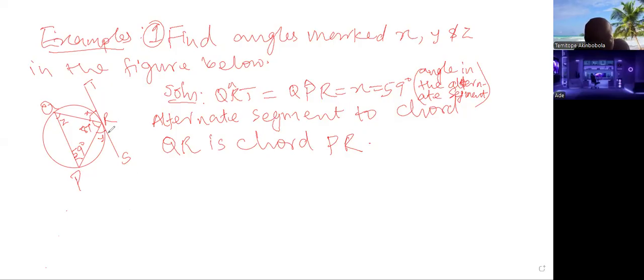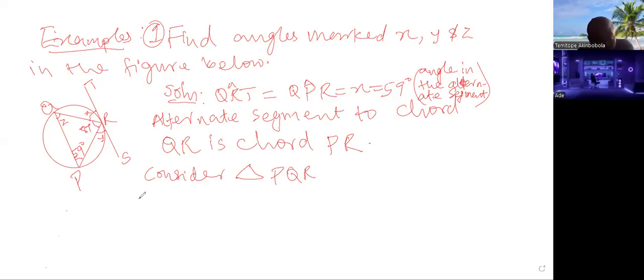Now, the same way, Y. The alternate angle to that is angle Z. But we don't know Z too. So we have to find Z by considering triangle PQR.